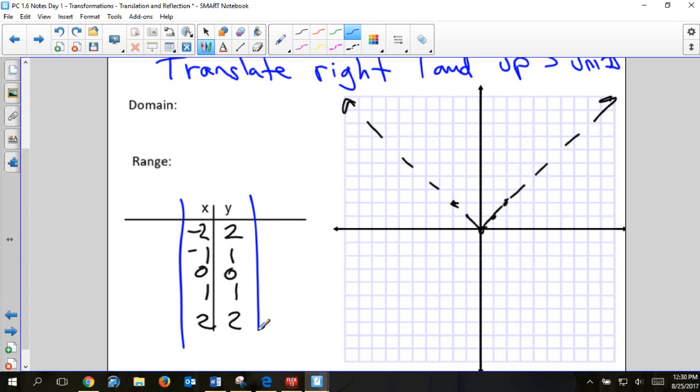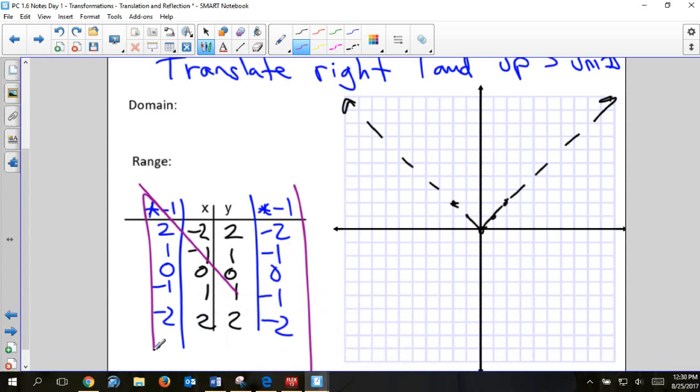Yeah, we're going to multiply first. We're doing both of them, so multiply both of them by -1. And then after we multiply, we're going right 1, so that'll be add 1, and up 3, so plus 3.